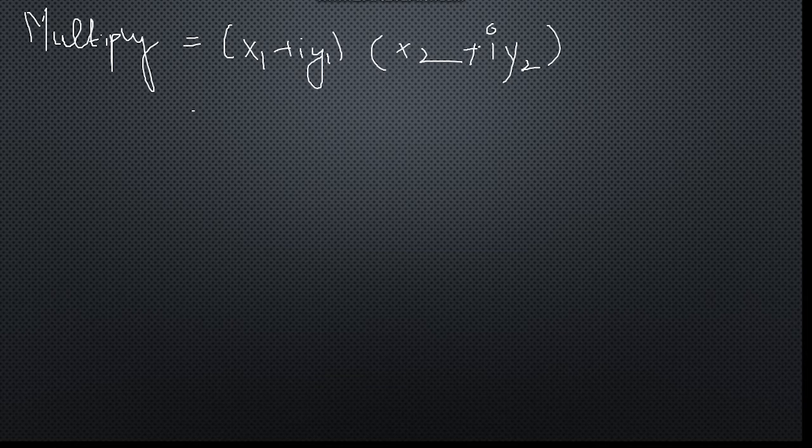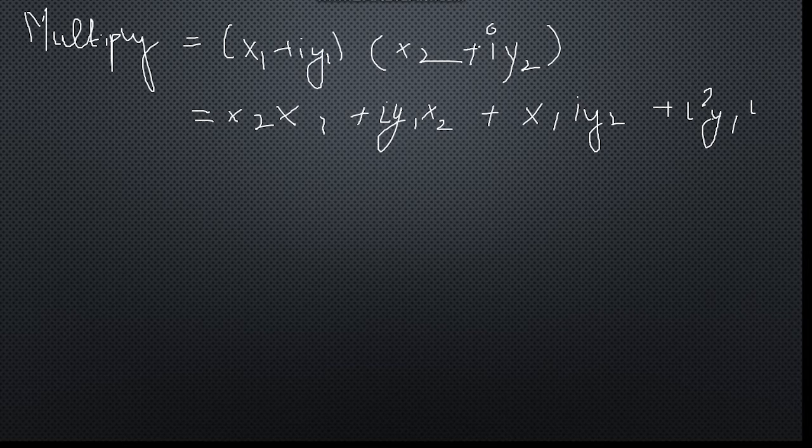On multiplying, we get x1 x2 plus iota y1 x2 plus iota x1 y2 plus iota square y1 y2.